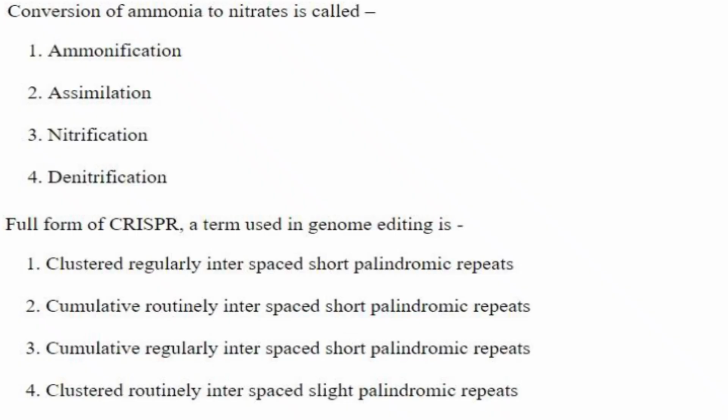Then next one, conversion of ammonia to nitrates. That is called nitrification. Answer is option 3. I told you, from the nitrogen cycle they will keep on asking these questions. Nitrification means the soil bacteria convert ammonia to a form that is easily absorbable by the plants.